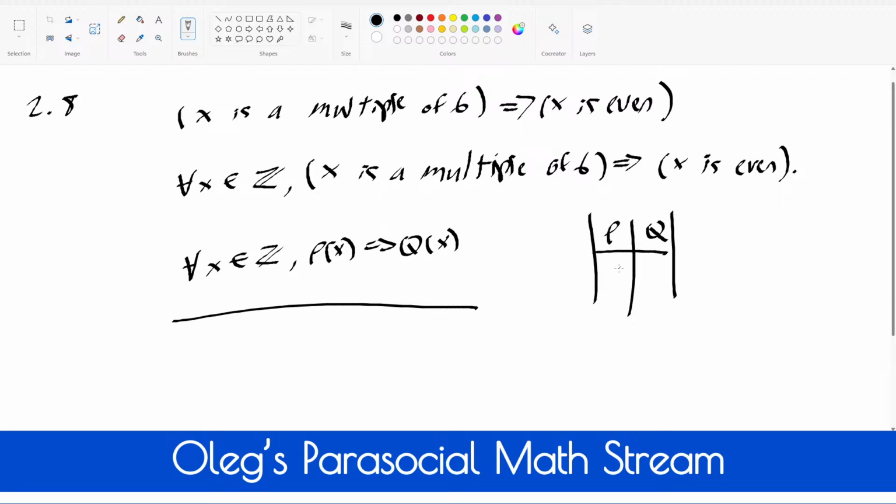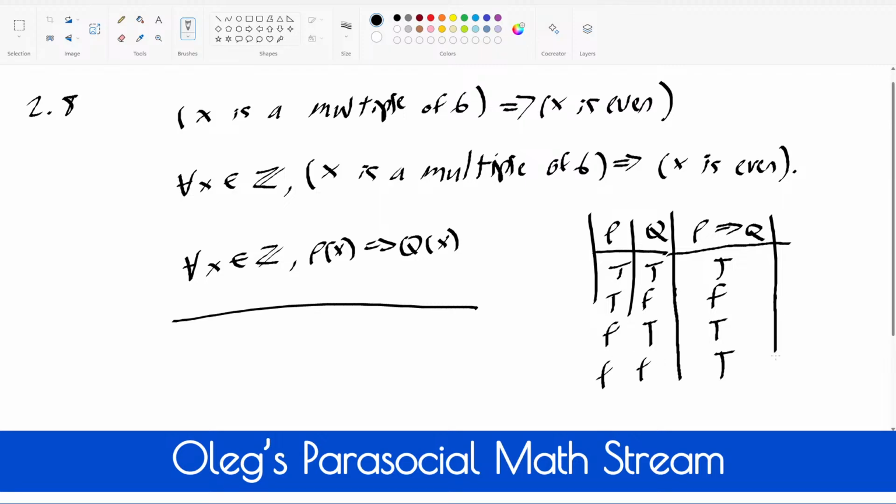P implies Q: true, true, true; true, false, false; false, true, true; false, false, true. This is the P implies Q truth table. And this is what I just rambled on about. Because this has truth values, it is not an open sentence. It has a truth value.